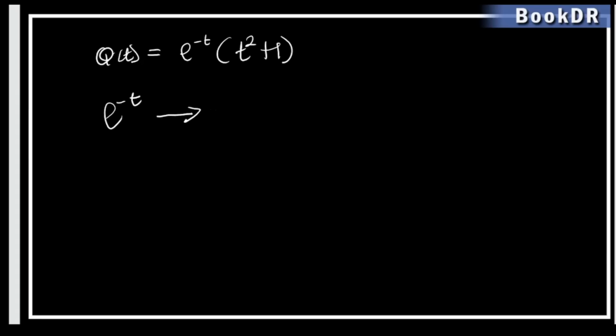Let's analyze q of t first. q of t is defined as e exponent minus t, in brackets t squared plus 1. The q of t consists of two functions, an exponential function e to the power minus t, and we know the exponential function is continuous on all real numbers.